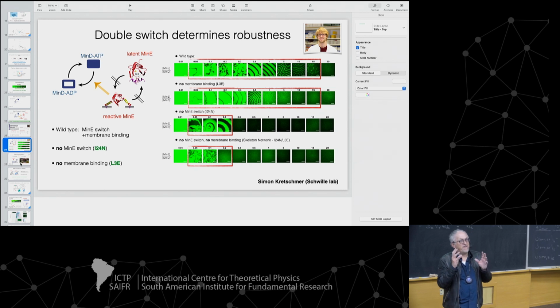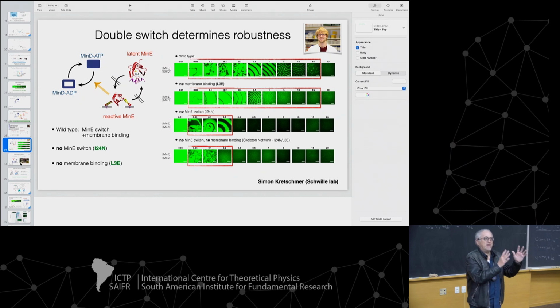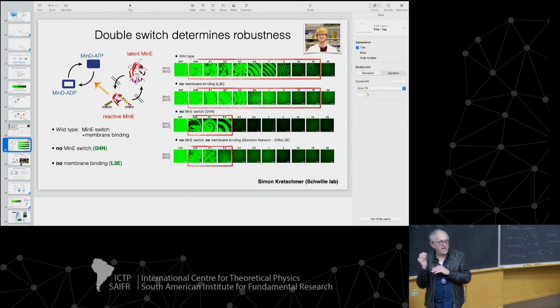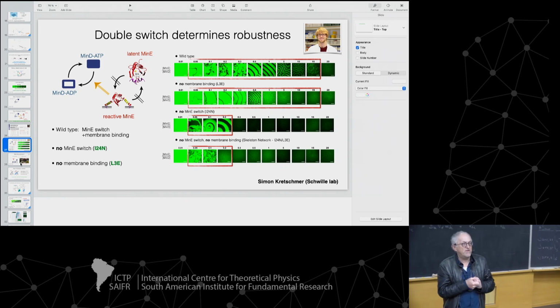And it's of course a very, very interesting question to ask: what determines the length scale? And what determines the time scale of those patterns? And what's the biophysical or biochemical mechanism behind a length scale, behind a time scale, behind a traveling wave, behind a standing wave? And I'll come to that in my discussion of the in vivo system.